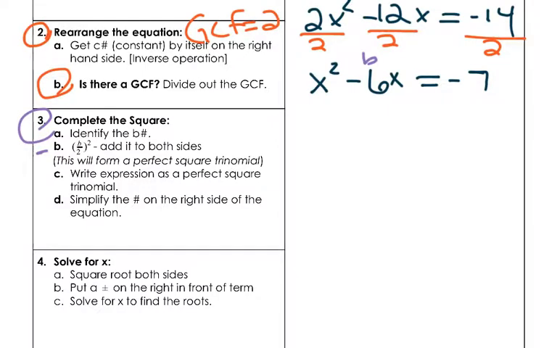So x squared minus 6x, then I'm going to add the b term, which is negative 6, divided by 2 and squared. And I'm going to add that to both sides.